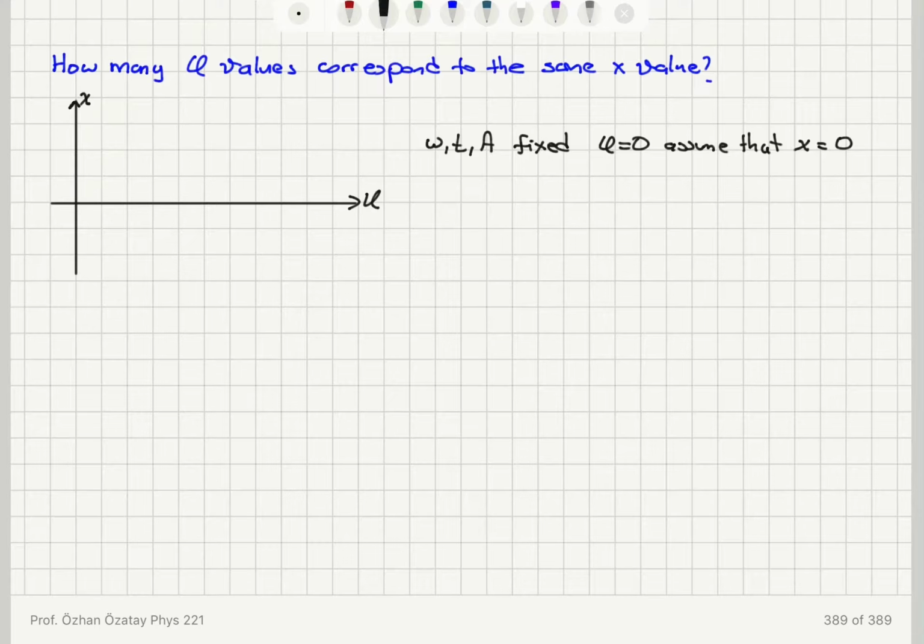So between phi equals 0 and phi equals pi, I'm going to have a positive cycle, and then I'm going to have a negative cycle, because it will behave like a sine function here.